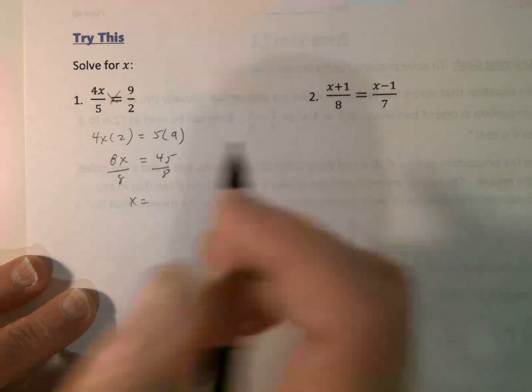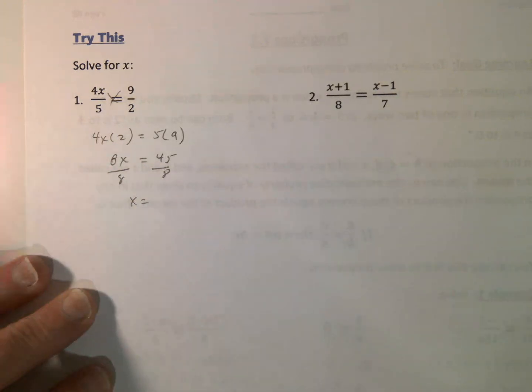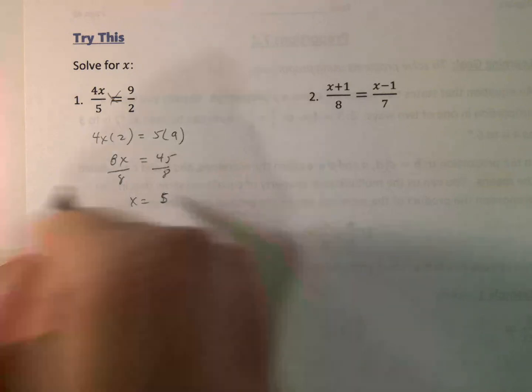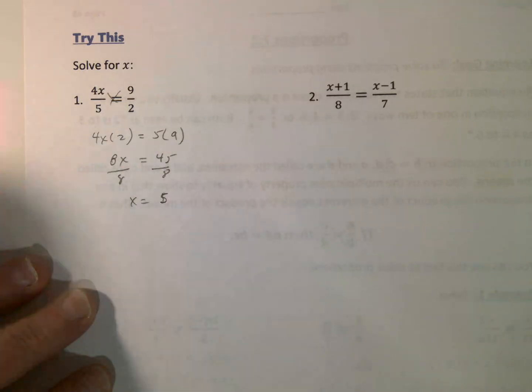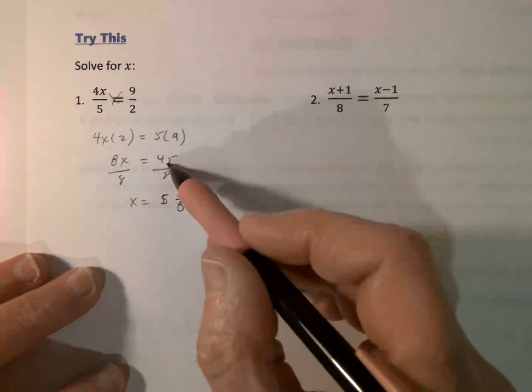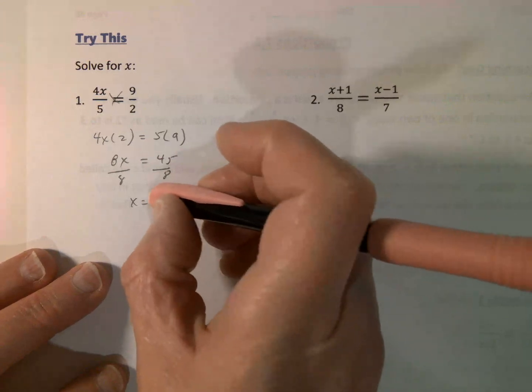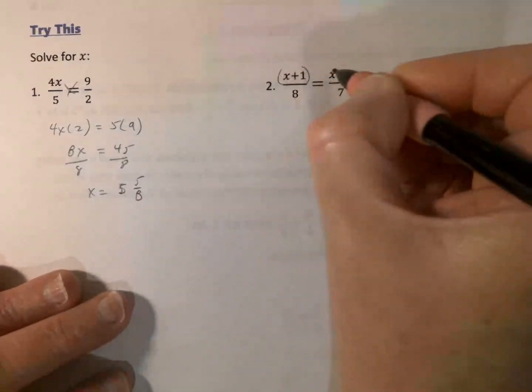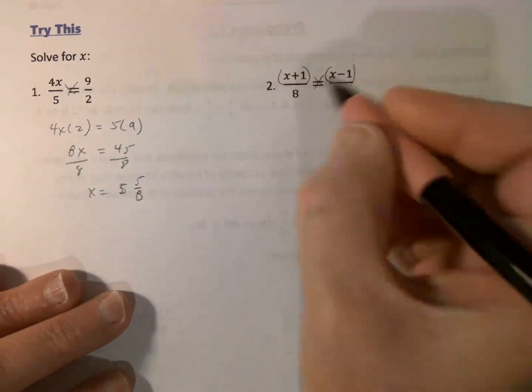I can leave it as 45 over 8, or I can simplify it, which would be 5 and 5/8. Okay, so either one. Just make sure that if you leave it improper, that you still simplify it. And here I have two binomials. I'm going to make sure that I put those in parentheses because I have to distribute.